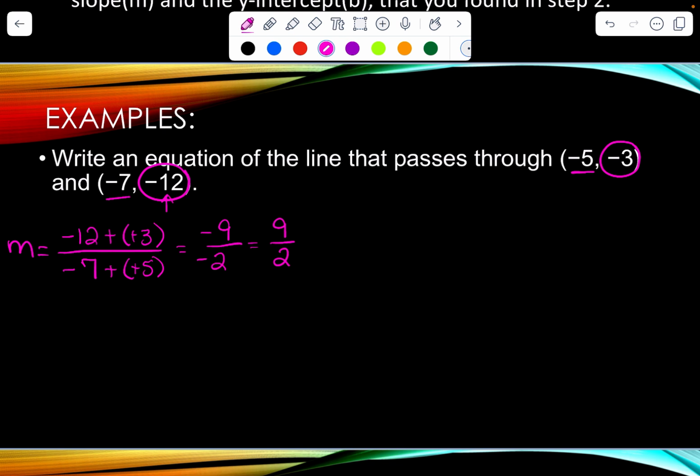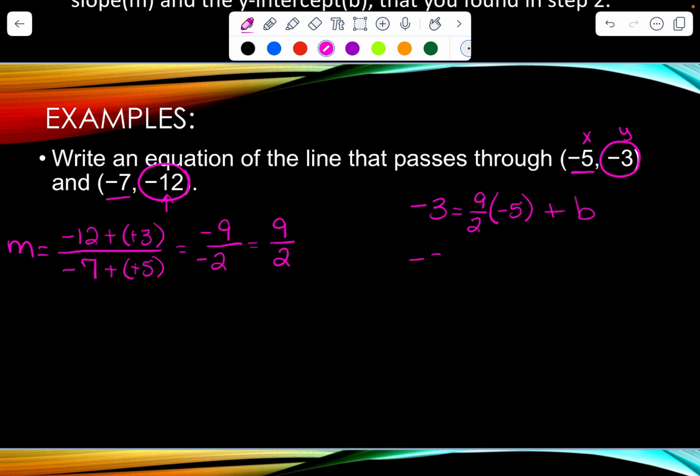Okay. So now we're going to take that and one of our points. It does not matter which one. We'll use this first one here. So I'm going to plug that in. Negative 3 equals 9 halves times negative 5 plus b.